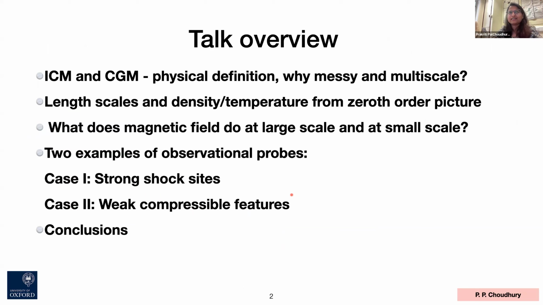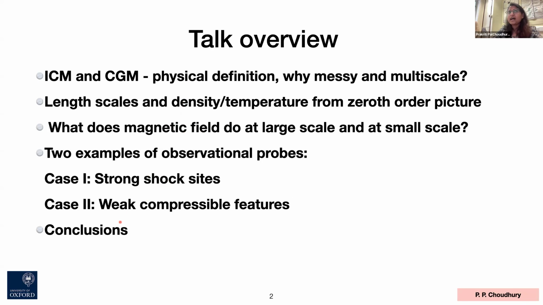And then I will talk about what the magnetic field does at large scale and small scale. All these things will be the staging of the talk. And then I will finish with two examples that can be interesting observational probes for AXIS.